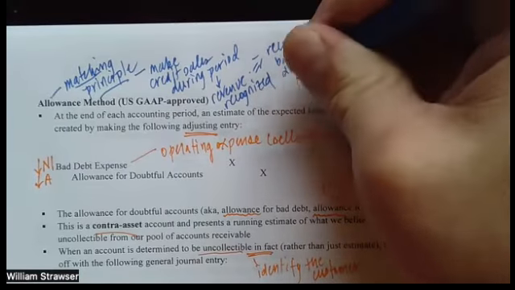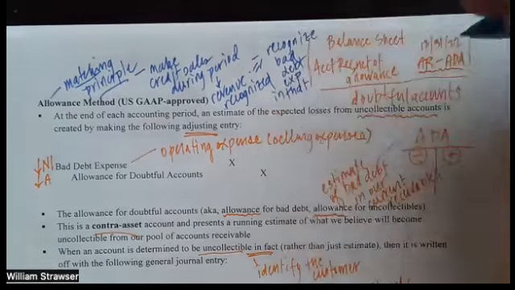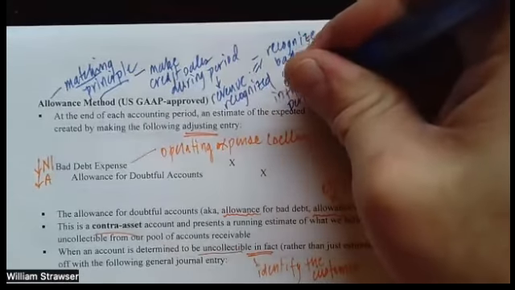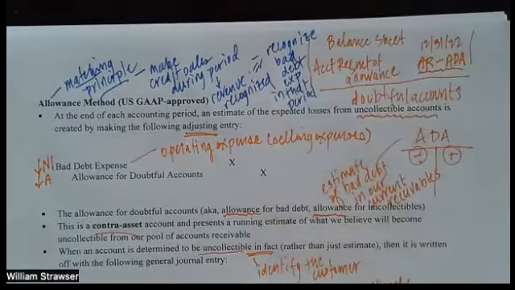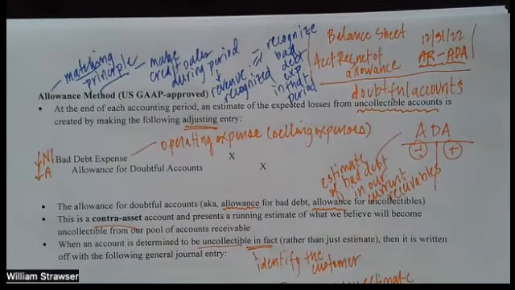I don't want to wait until I have a notice of default in order to recognize the bad debt expense. And that's why the allowance method, estimating what's going to happen ahead of time, is in line with GAAP.